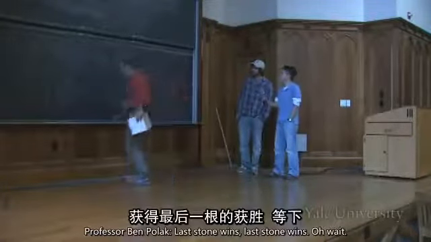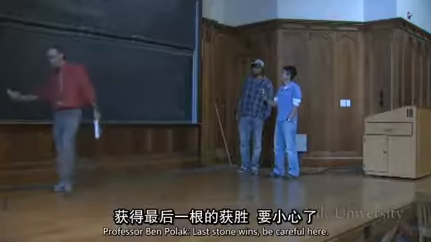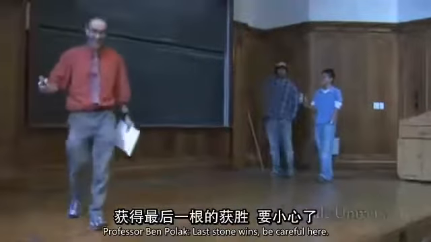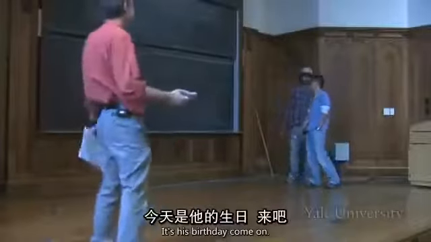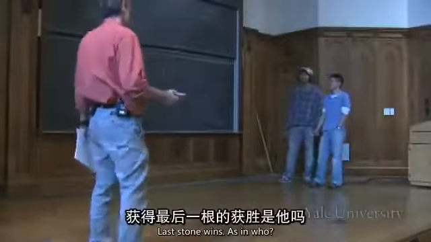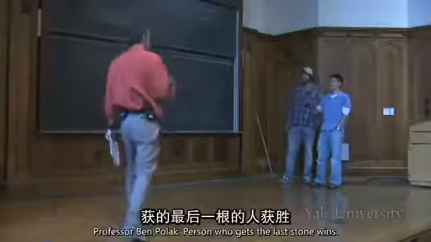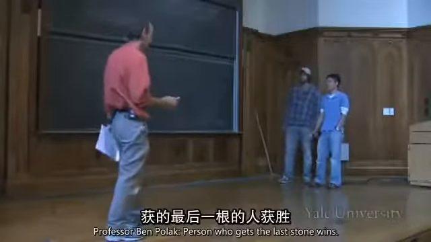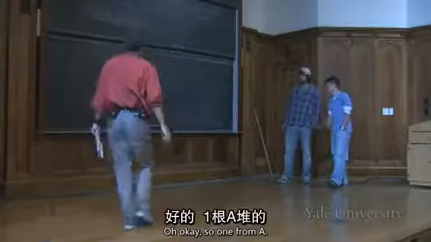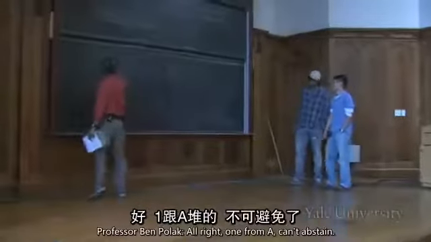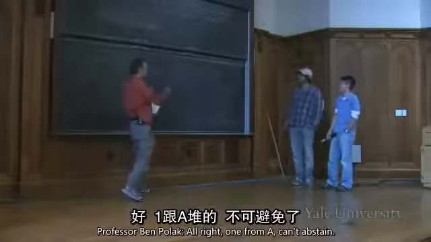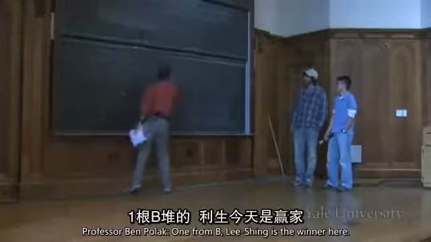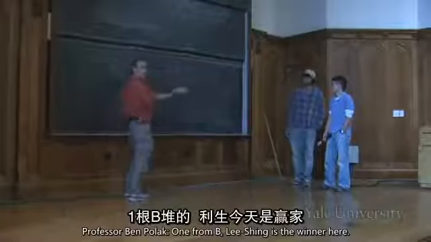I'm a bit careful here. It's his birthday, come on. Last stone wins. Person who gets the last stone wins. So 1 from A, all right, 1 from A. Can't abstain, so 1 from B. 1 from B. And Li Xing is the winner here.